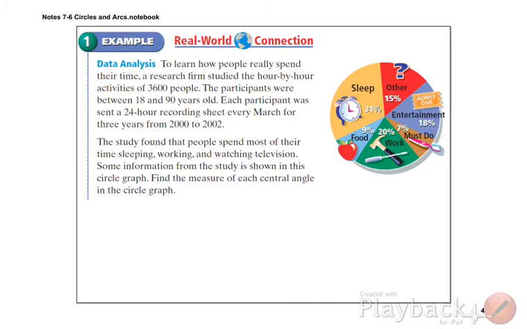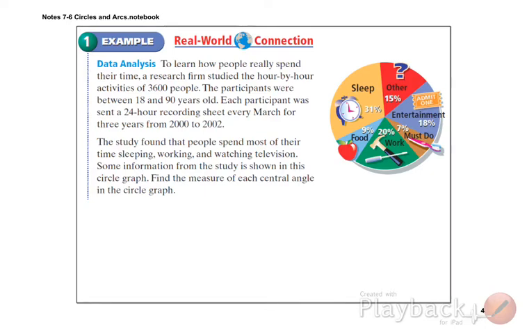The participants were between 18 and 90 years old. Each participant was sent a 24-hour recording sheet every March for 3 years. It's broken down by sleep, entertainment, food, work, and so forth. It looks like people sleep more than they do anything.